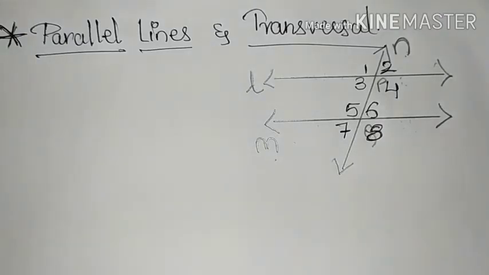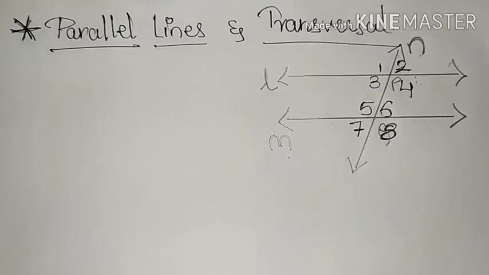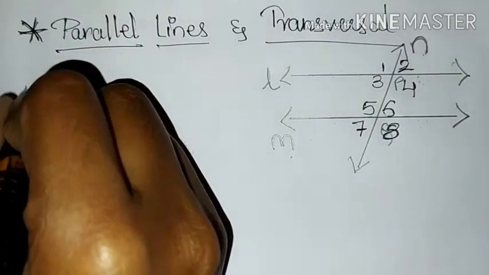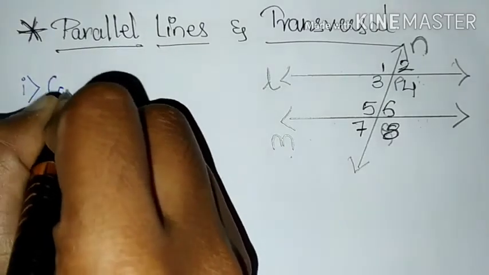So we have 8 angles when two parallel lines are intersected by a transversal. Now let us look at each of these angles and their individual properties. Here we have first something called corresponding angles.